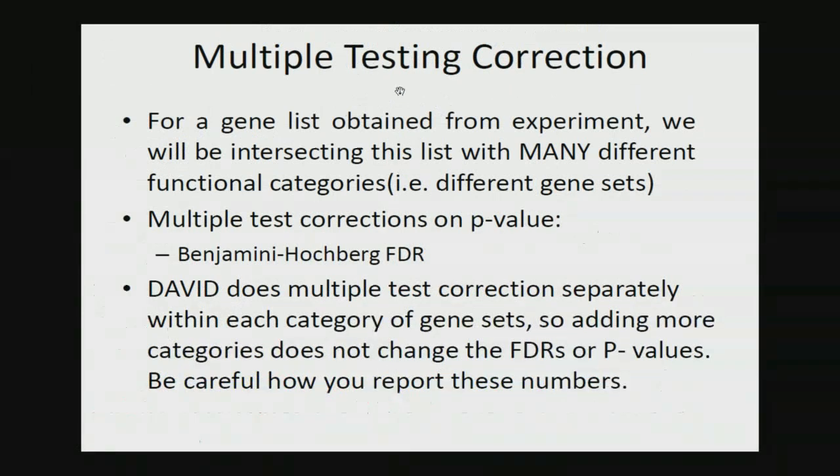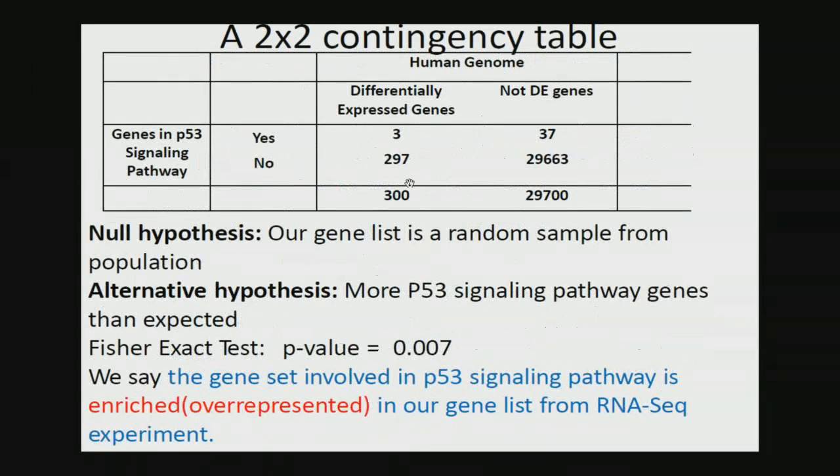Also, like the differential expression analysis, there's a multiple testing correction involved here, because with a gene list obtained from the experiment, we will be intersecting this list with many different functional categories, right? If we get this gene list of 300, we look at the p53 signaling pathway, but this is just one category.